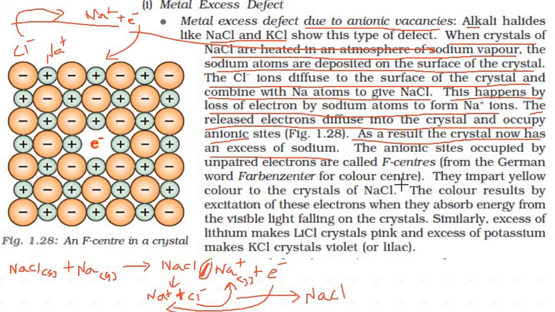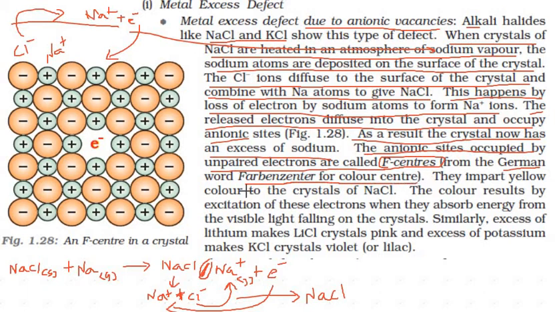And the anionic site which is occupied by the unpaired electron, where this electron has gone and occupied the space vacated by the anion, is known as F center. Please note, you have to remember this F center, because it is from the German word Farbenzentrum, that means a color center.